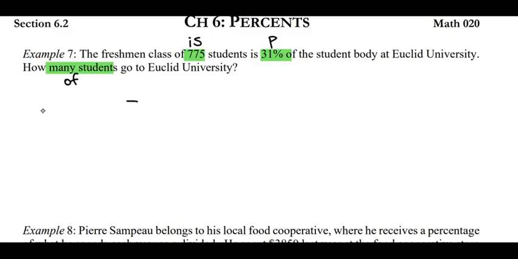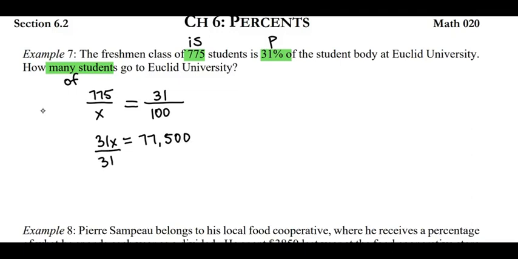All right, so ready for our percent proportion. Start with 100. You have your 31%. 775 was your is, and then you do not know the of because that's a bigger number, because 775 is only part of that bigger number. So cross product, you have 31x equals 77,500.